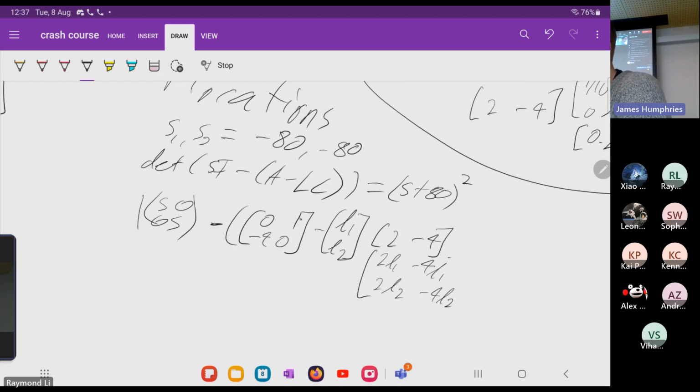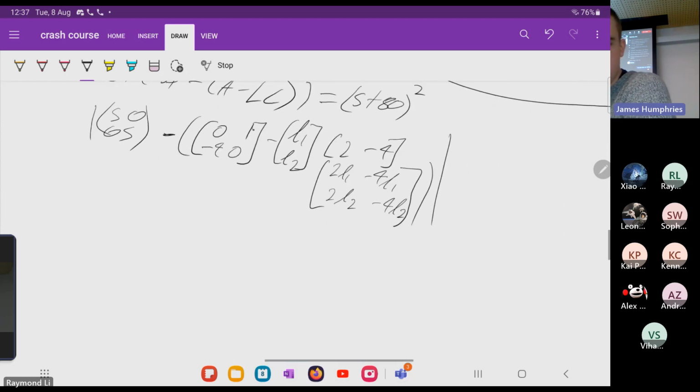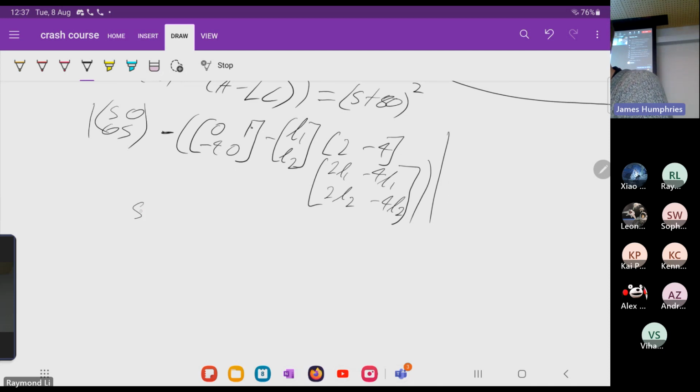So you can already see how this is going to become nasty. That's okay. Then we're going to end up with S plus 2L1 minus 1 plus 4, no, minus, because there's lots of minuses in there. Please let me know at any time if I jump too much in calculations. I'm just jumping through some of the stuff and you can verify it in your own time.